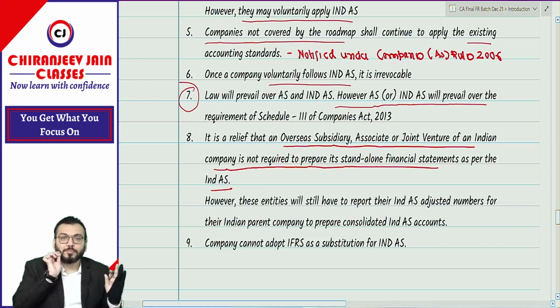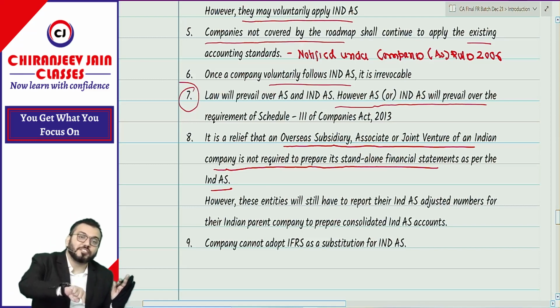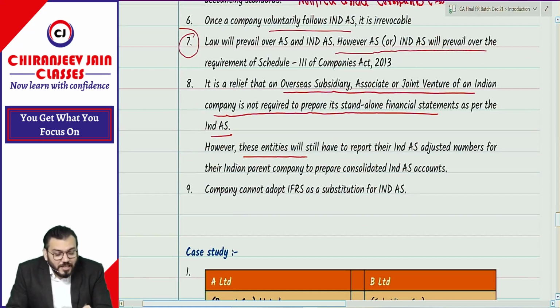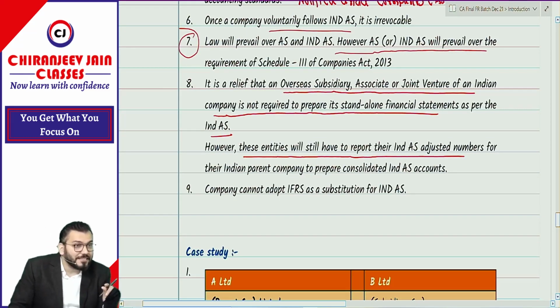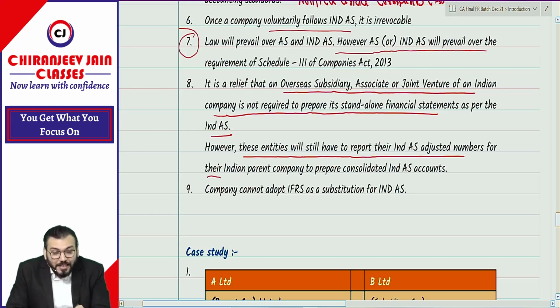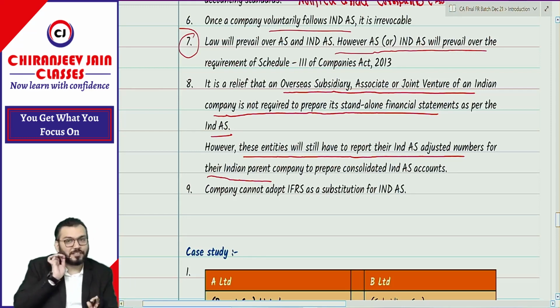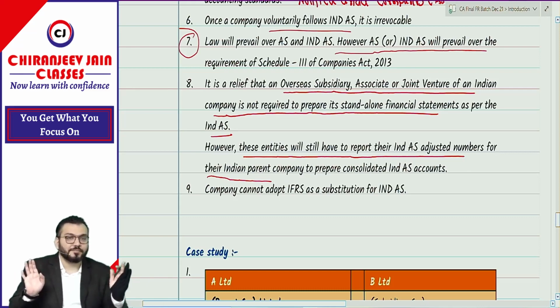However, this entity will still have to report the Ind AS adjusted numbers for the Indian parent company, meaning if there is an Indian parent company, to prepare the consolidated Ind AS financial statement. Understood? Correct?